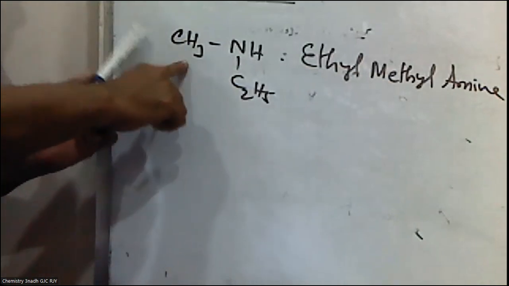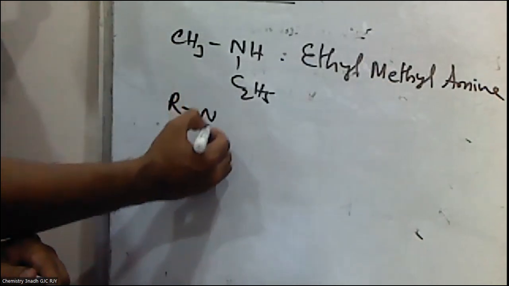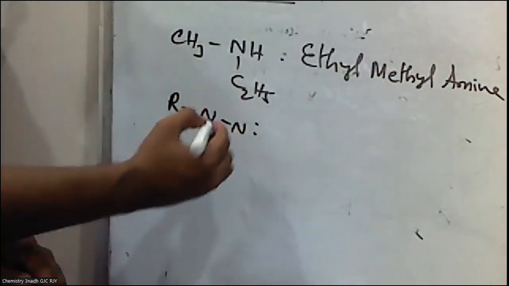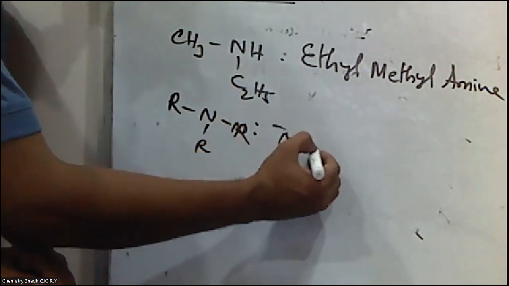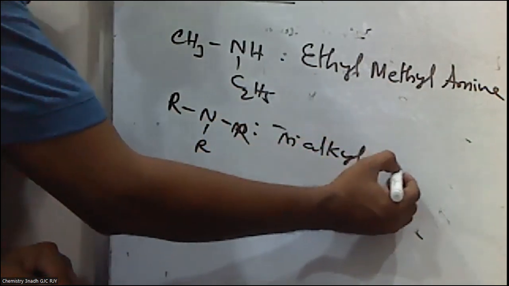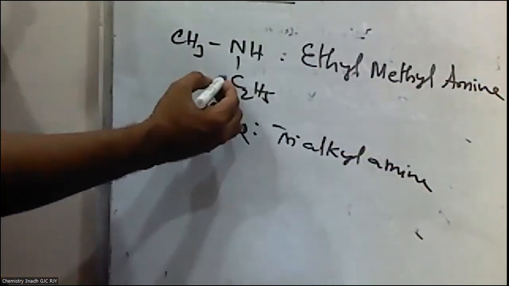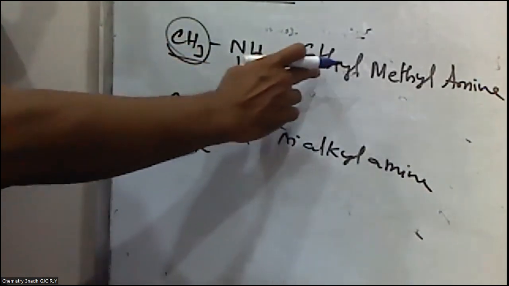If it is a tertiary amine and all the alkyl groups are the same, then it is written as trialkyl amine. If the three alkyl groups are different, then we have to write all the alkyl groups in alphabetical order, and at the end we write amine. For example, this is one alkyl group, this is another alkyl group, that's why we write ethyl methyl amine.